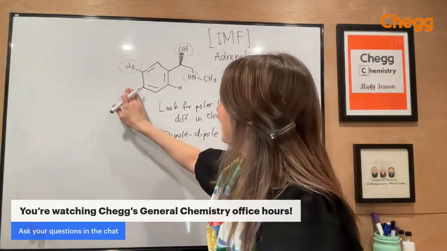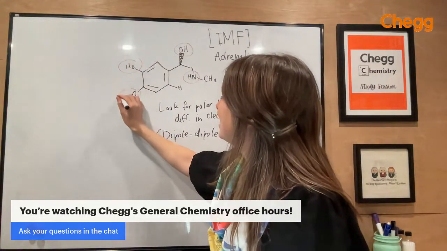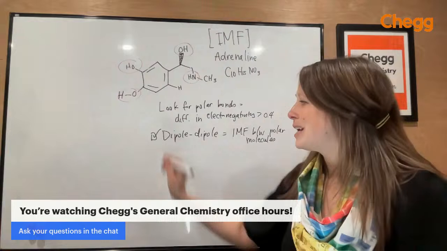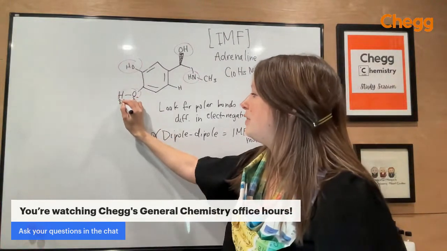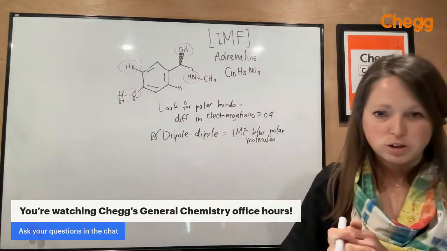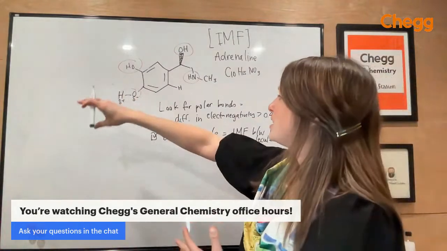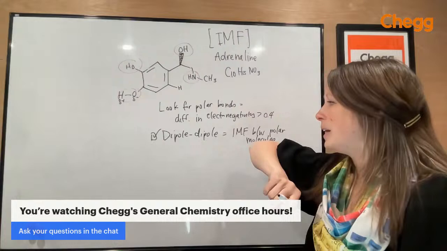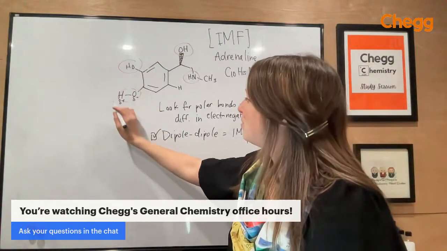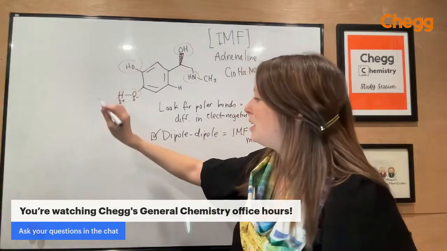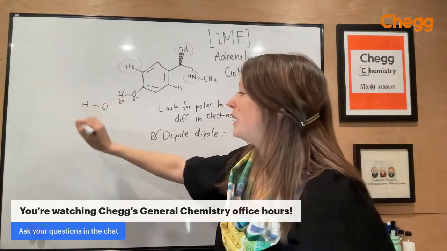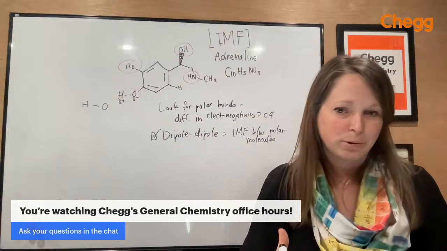So I use the organic shorthand here. What that means is the electrons are going to be pulled towards that oxygen, leaving hydrogen with a partial positive charge. Opposites attract. So if I have another molecule of adrenaline come in, guess what? The negatively charged oxygen is going to be attracted to that hydrogen atom. And it just goes on from there. So that's what's known as a dipole-dipole interaction.